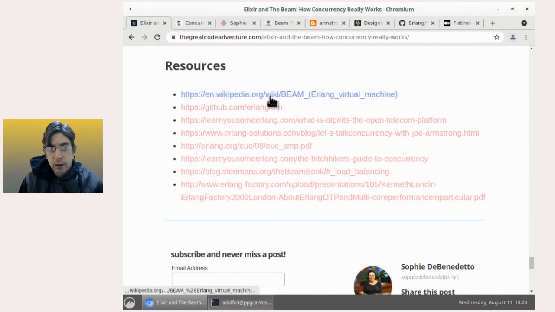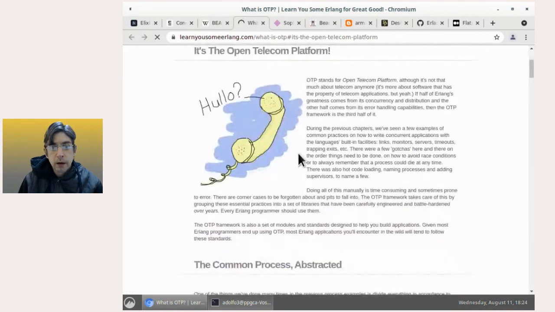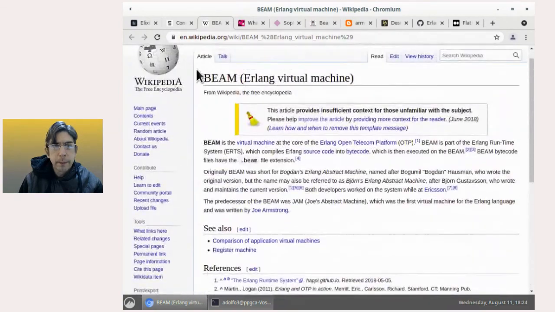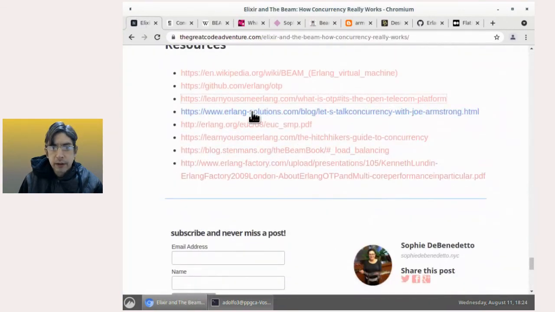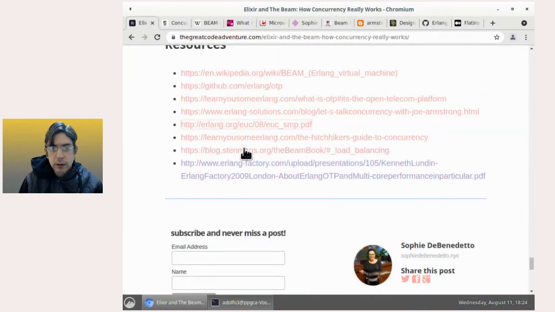So this is the BEAM on Wikipedia. This one we have already seen. There is this book, Learn You Some Erlang for Great Good, on the BEAM. And Erlang Solutions. Inside the Erlang VM by Kenneth Lundin.